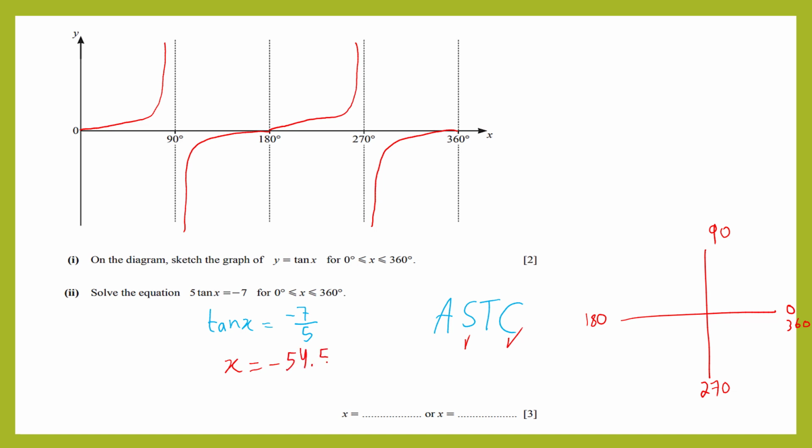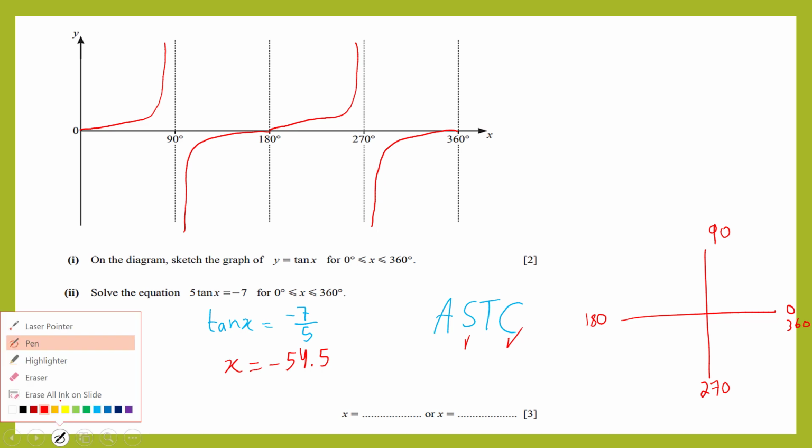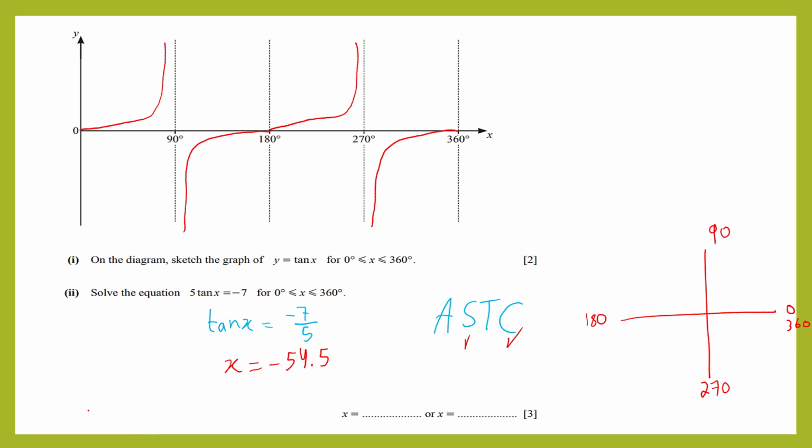This one, x will be negative 54.5. Negative 54.5 is not in the range between 0 to 360. The whole range is positive. So what we will do is, as we have done in the previous question, we will move 54.5 here in the fourth quadrant. So 360, if we remove 54.5, it will be 305.5 degrees, because this is the fourth quadrant.